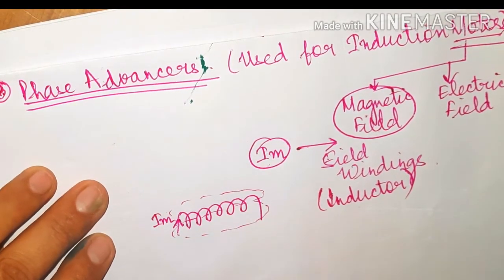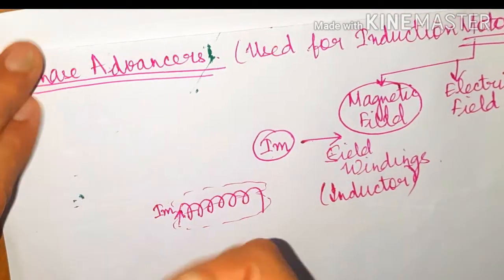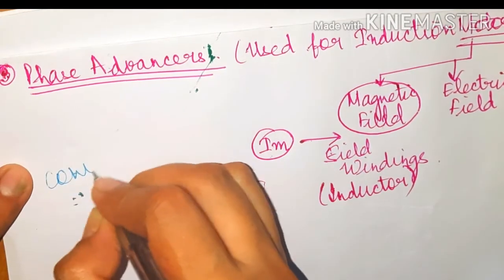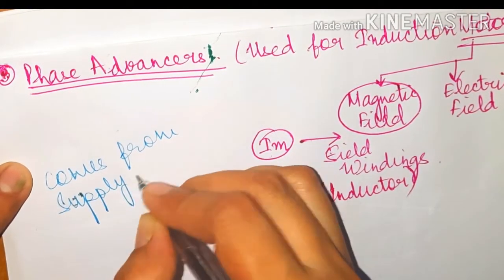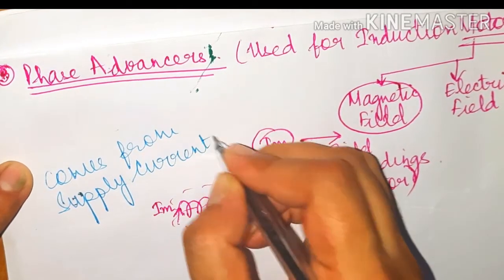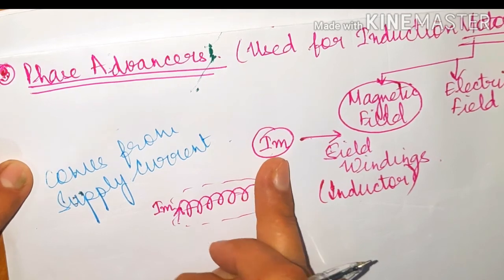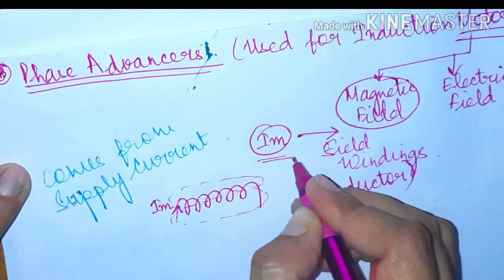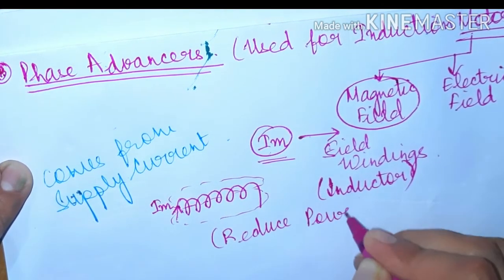Now, this field current, where does it come from? This field current basically comes from the supply current only. When that current is drawn from the supply, then in the phasor section you will realize that it is going to reduce the power factor.